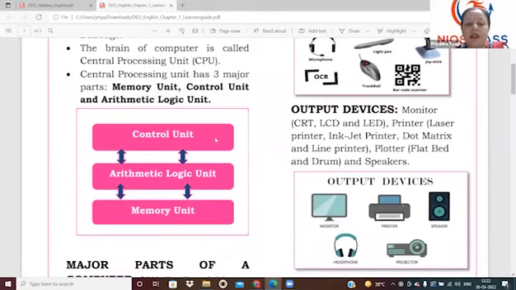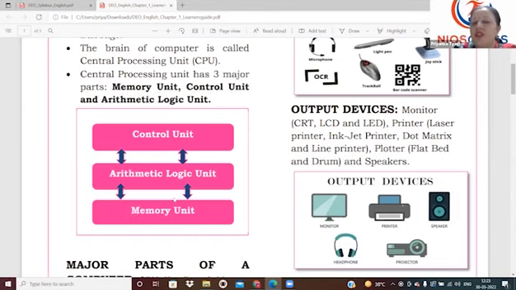Look at the diagram on the screen. There are 3 major units on which the computer handles its task every time: control unit, arithmetic logic unit, and memory unit. Now, first of all, what is control unit?